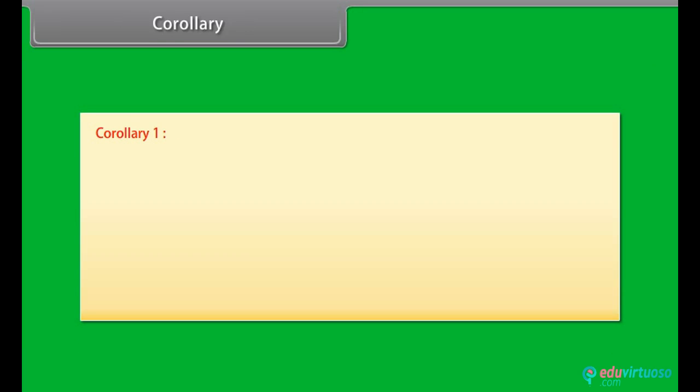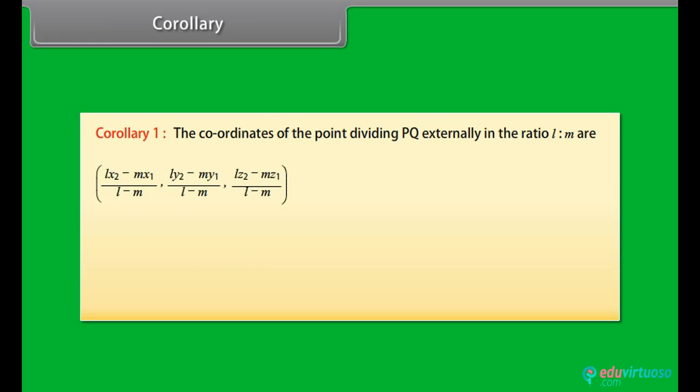Corollary 1. The coordinates of the point dividing PQ externally in the ratio l:m are (lx2 minus mx1) divided by (l minus m), (ly2 minus my1) divided by (l minus m), (lz2 minus mz1) divided by (l minus m).